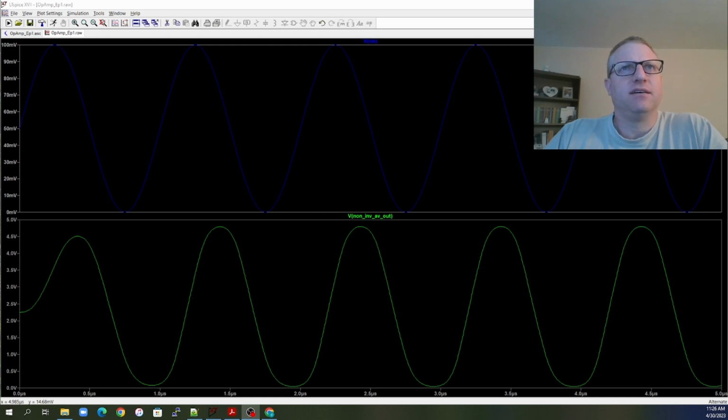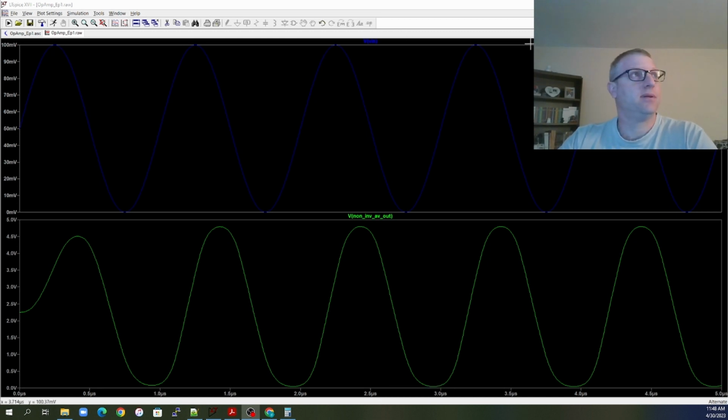So now you can see our input voltage is going from 0 to 100 millivolts, and our output voltage is going from 0 to 4.4 volts. There's also a slight shift on it. We ended up with a little phase shift going on. Looks about 90 again.